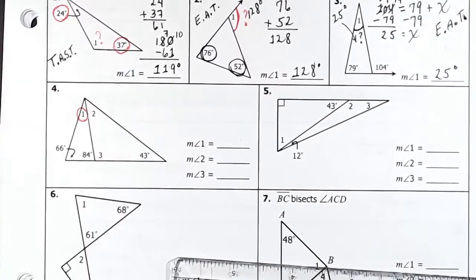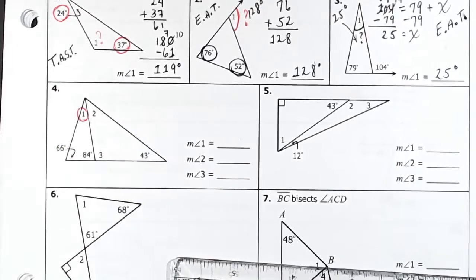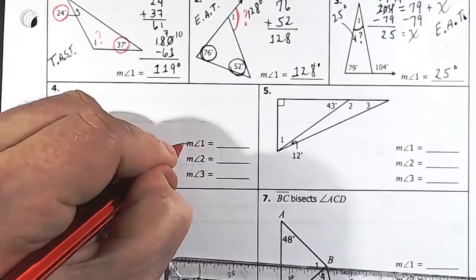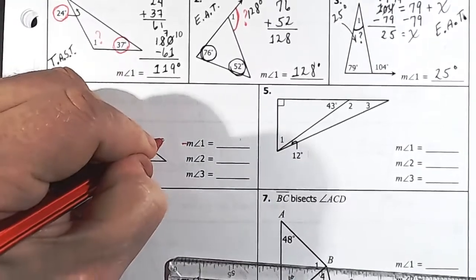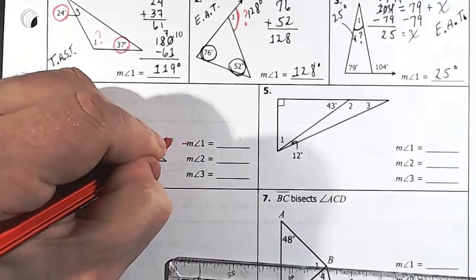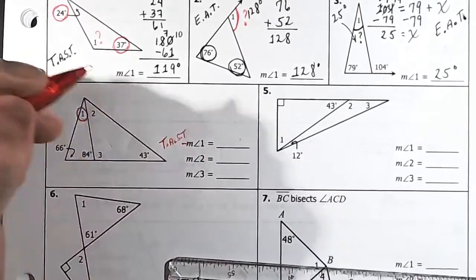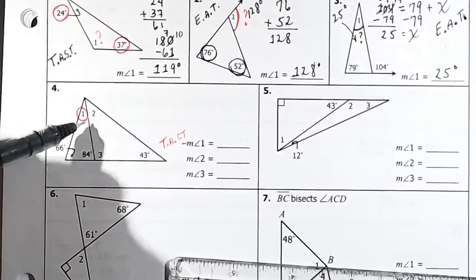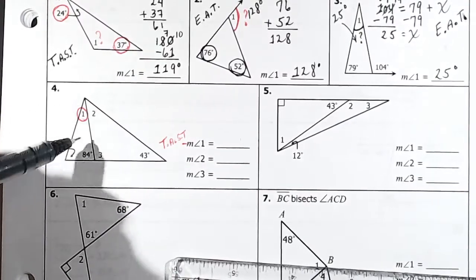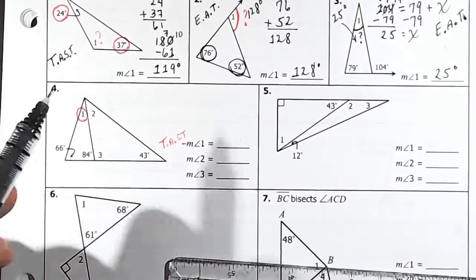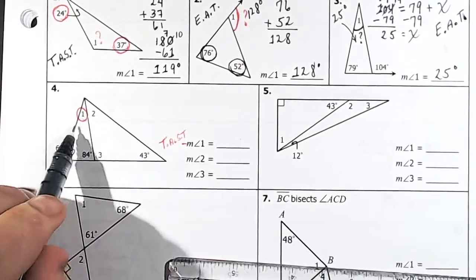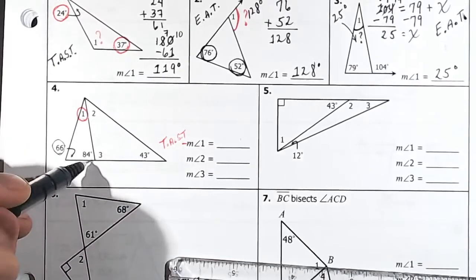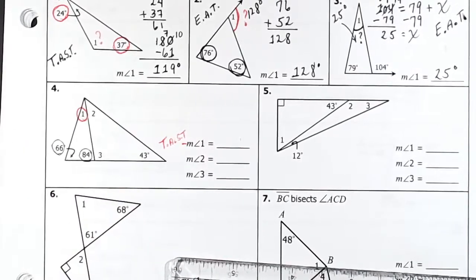In order to find that, we're going to apply the Triangle Angle Sum Theorem, which says that all the interior angles of this little triangle have to add up to 180. So what I need to do is add up 66 and 84 and then subtract that from 180.